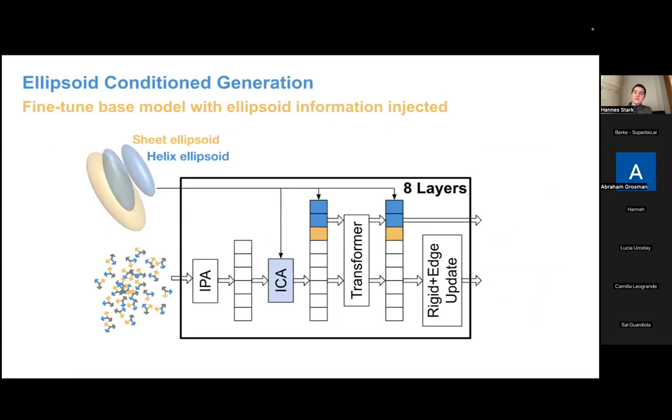Yeah, and now to how this ICA component works for conditioning. What we want to achieve with this invariant cross attention is that each residue is informed by where the ellipsoids are in 3D space with respect to that residue and compared to the other residues.